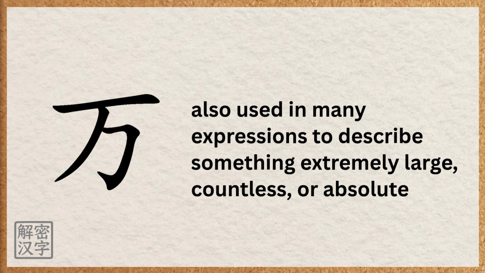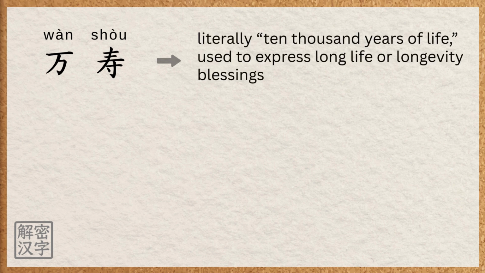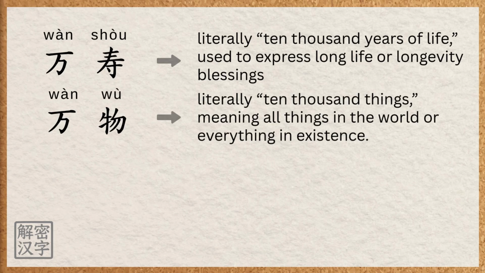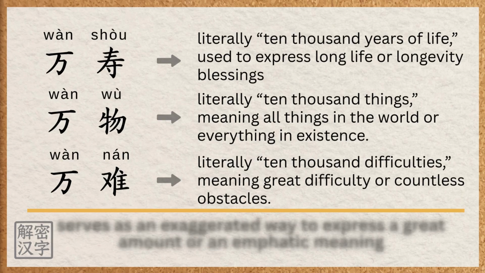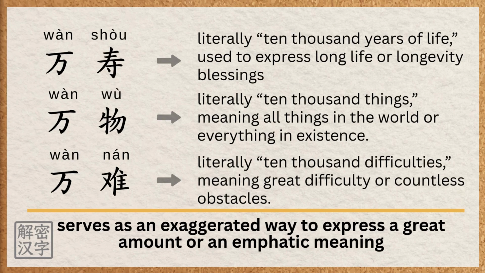For example, 1 shou literally means 10,000 years of life, used to express long life or longevity blessings. 1 wu literally means 10,000 things, used to express all things in the world or everything in existence. 1 nan literally means 10,000 difficulties, used to express great difficulty or countless obstacles. In these words, 1 serves as an exaggerated way to express a great amount or an emphatic meaning.